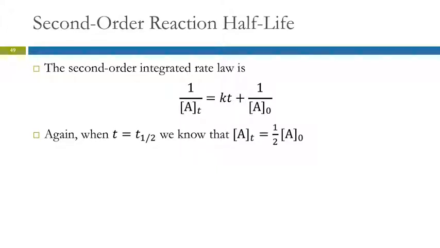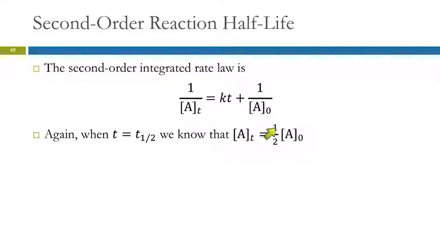Okay, what about the second order? So the second order integrated rate law is this. Again, we can figure out the relationship for the half-life because we know that when t is equal to the half-life, the concentration of A is equal to 1/2 the concentration initially.